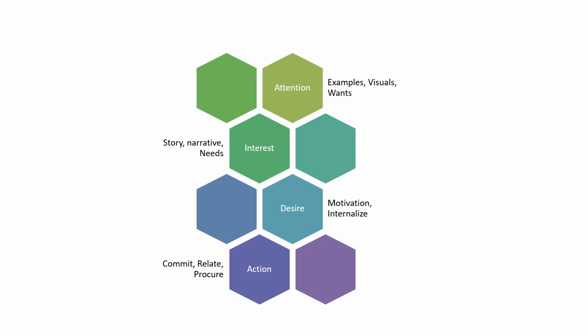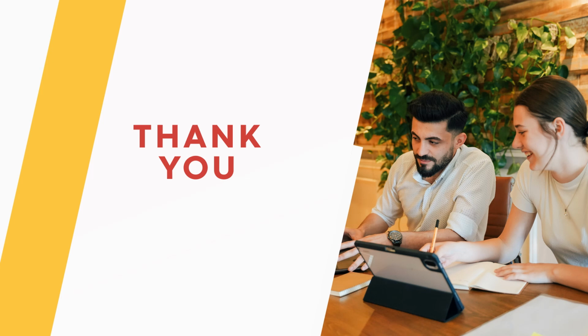And in terms of interest, we could weave a good story and narrative and create the need for the topic and the consideration. Desire is to motivate and internalize the values, and action is to commit, relate, and procure the solution. So thank you very much.